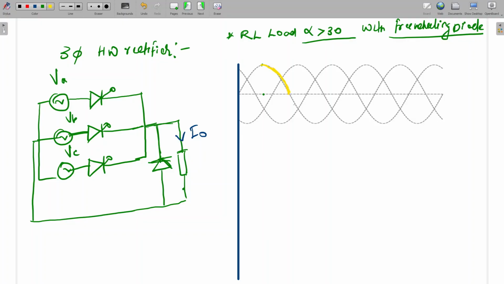After here the voltage is going negative. If it is negative here, then the freewheeling diode will become forward biased. Then forced conduction through this thyristor will not happen. This current will flow in this path only. So here to here, output voltage will be 0. Again here this will conduct, and here to here, voltage will be 0.